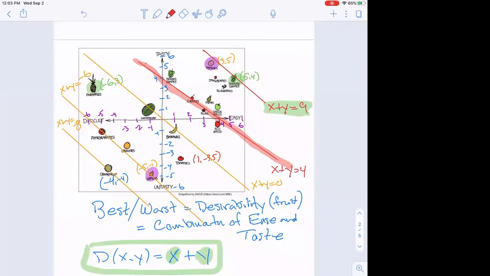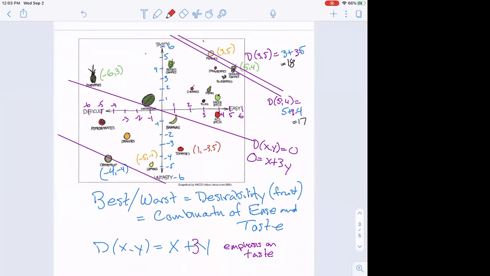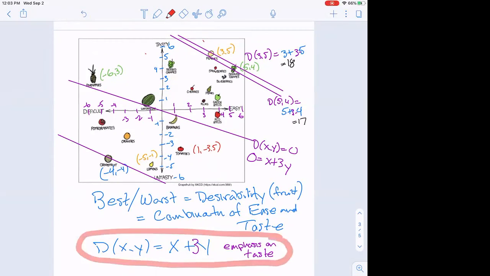It has 2 input variables, x and y. Or maybe you want to make one where the emphasis is on the taste. So you can put a weight on the taste variable, make it worth 3 times as much as the ease variable, and then you get a different line.